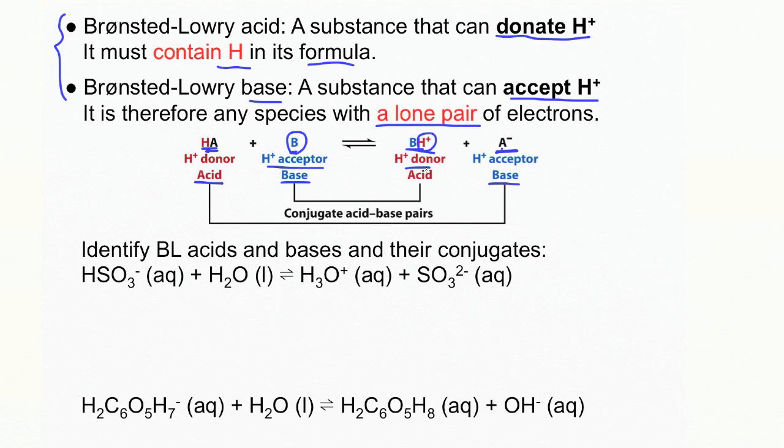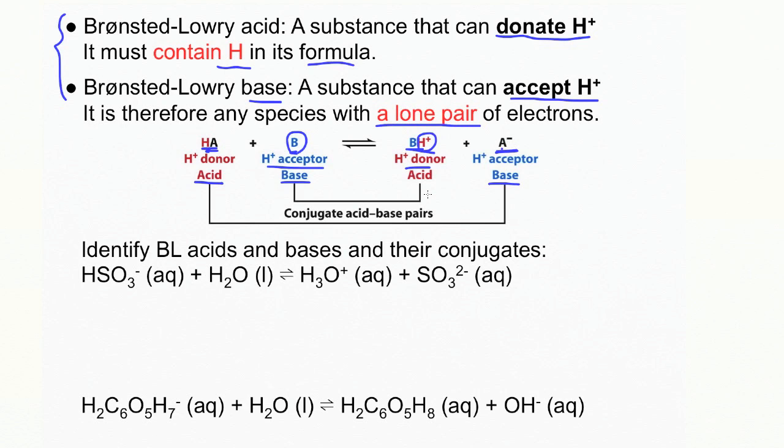So we assign the B and the BH plus as a pair. In summary, Bronsted acid will become Bronsted base after it donates one proton, and Bronsted base will become Bronsted acid after it accepts one proton.